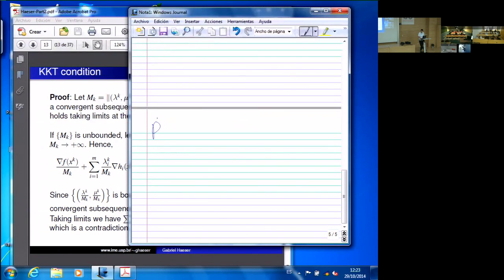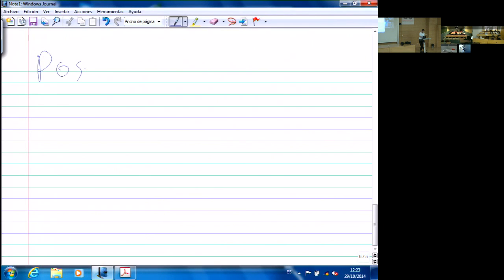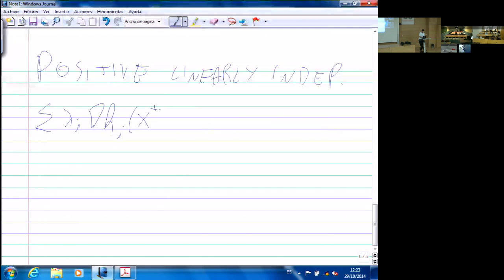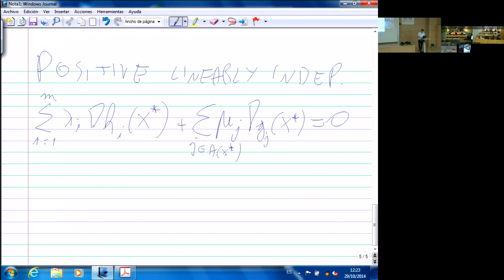So we say that a set of vectors is positive linearly independent if, with lambda I and mu j, this sum is 0 with lambda I any real value and mu j non-negative, then the only solution is the trivial one. So this is positive linear independence.